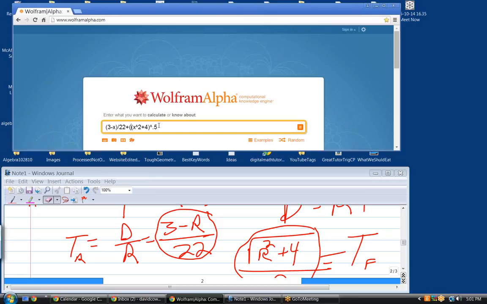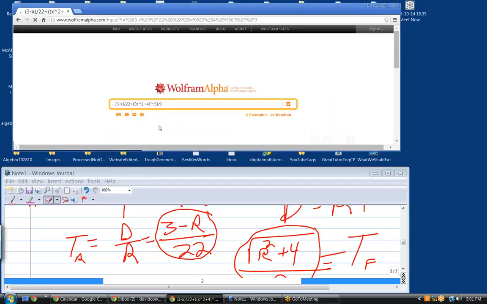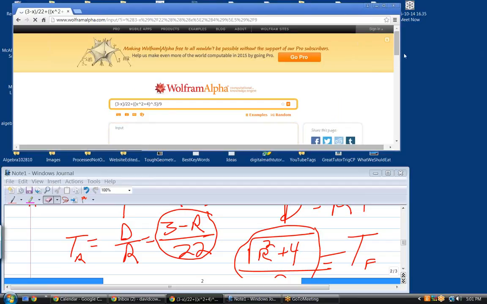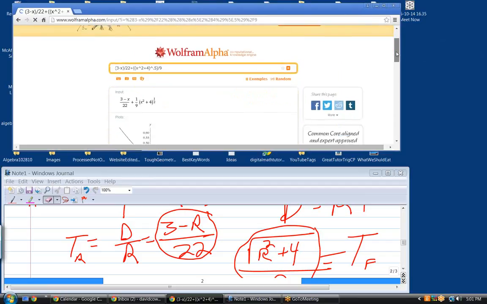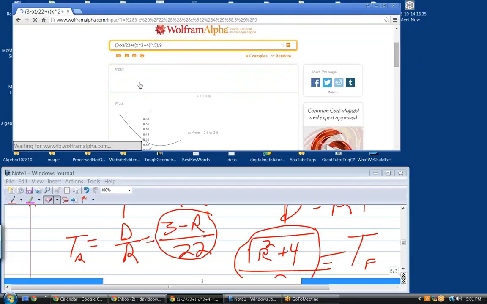Extra parentheses, divided by 9. Now here's the beauty of Wolfram Alpha. When I put that in there, it's going to tell me what I put in. Not only is it going to show me the graph, but it's going to tell me what I put in. That's exactly what I put in: 3 minus x over 22 plus that.